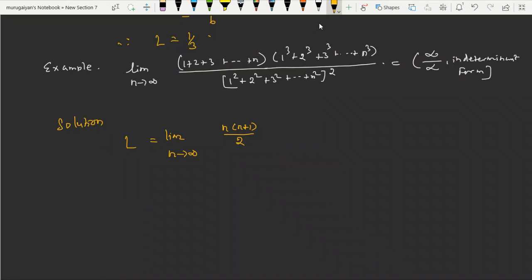The other one, n into n plus 1 by 2, the whole square. The denominator, n into n plus 1 into 2n plus 1 by 6, the whole square. Okay, and we have to simplify all this.